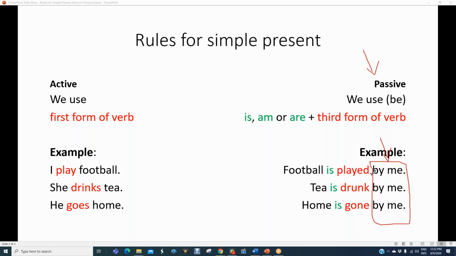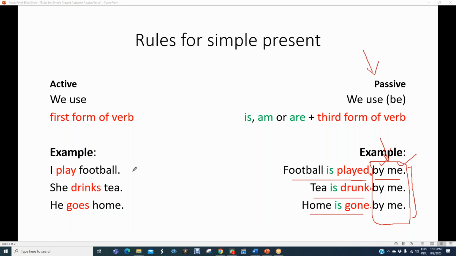So sometimes you can finish your passive voice after the verb itself. You don't have to write by me or by him or by Ali or by somebody. You don't need that at all in report writing. But when it is a grammar activity, I think you should not forget to write it.